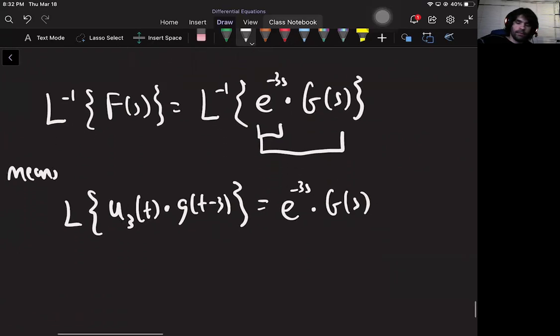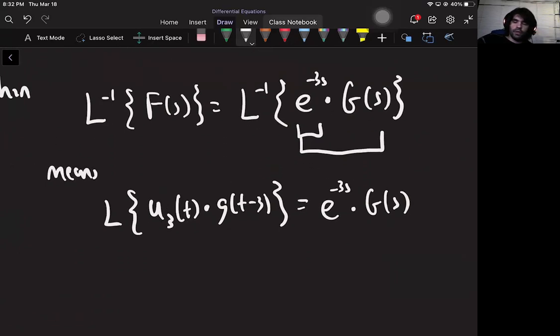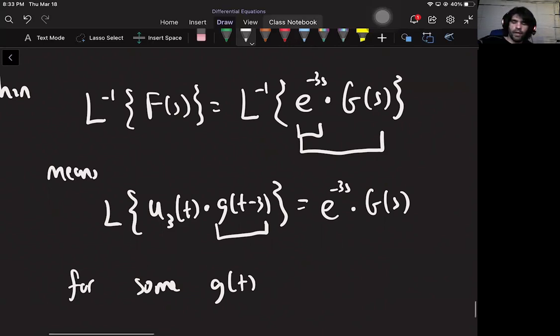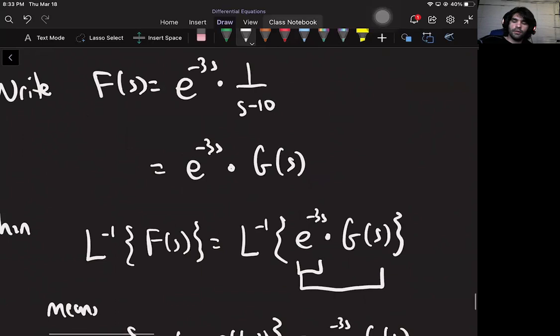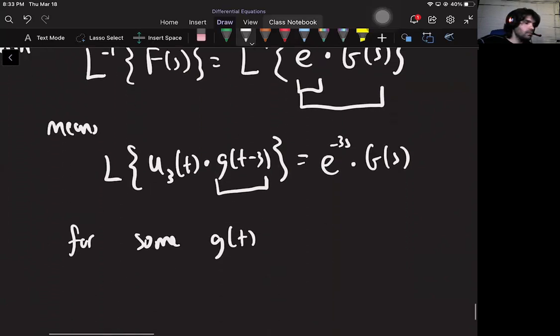And so what I'm really looking for is what is this function? There's some function whose Laplace transform, shifted by 3 times the unit function starting at 3, turned into this. And what do I know about this?